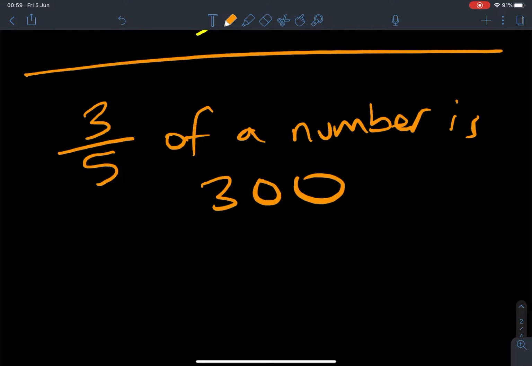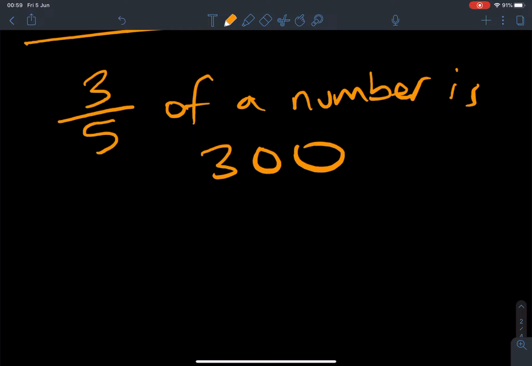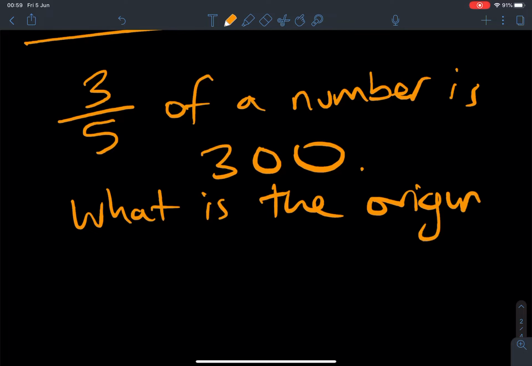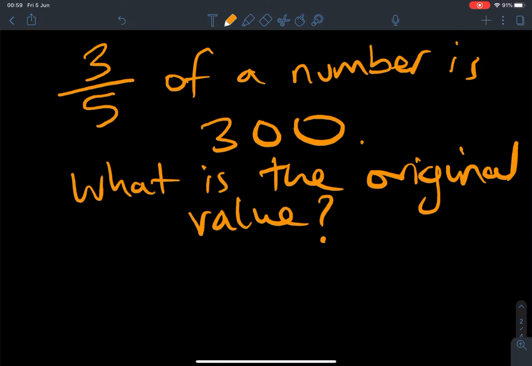This means that 300 isn't the original value. 300 is part of the original full number. It's a smaller fraction of the original larger number. So you're trying to work out in this question, what is the original value?